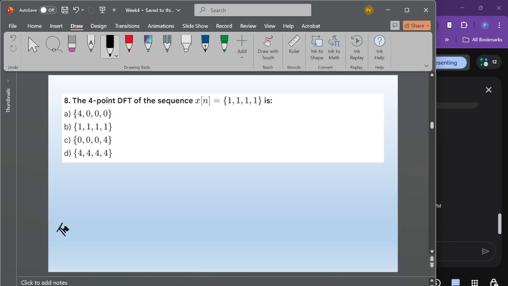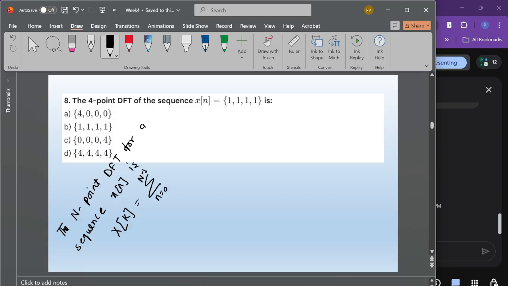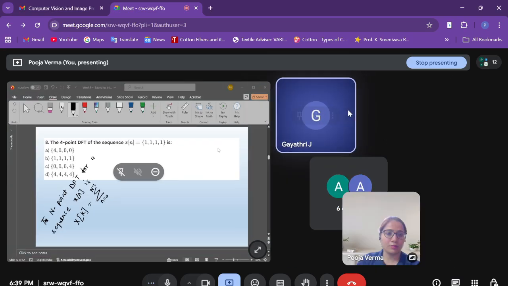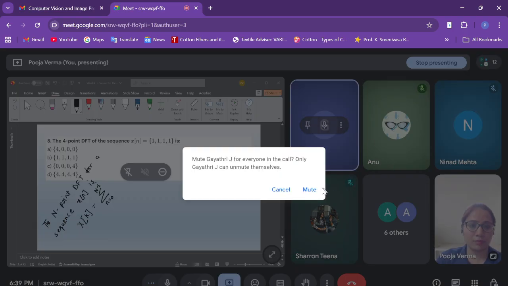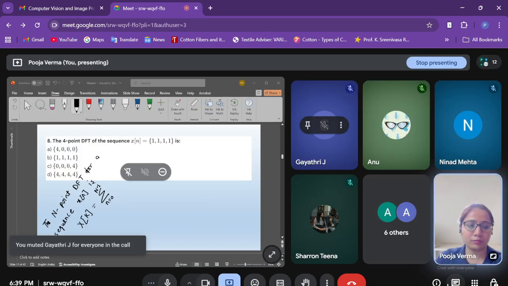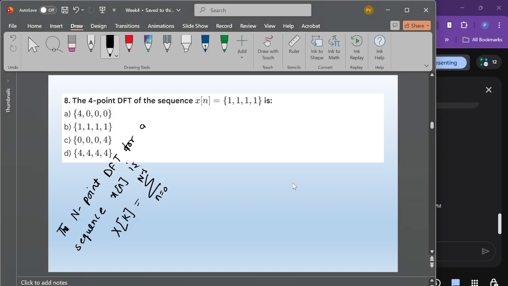So the formula for the N-point DFT for a sequence x of n is represented by X of k, equal to the summation where n varies from 0 to N minus 1 of x of n e to the power minus j 2 pi by N n k.